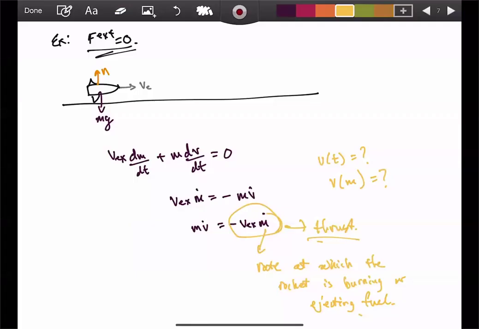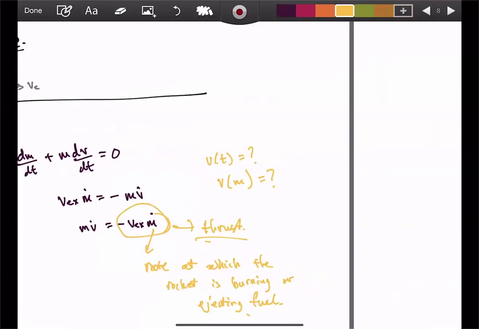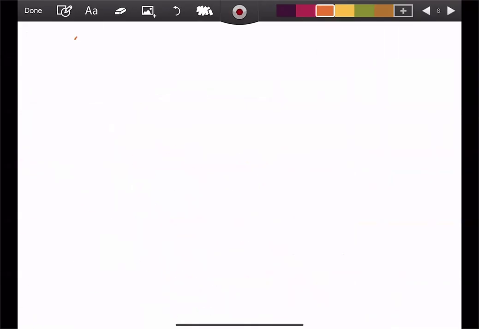So let's talk about some expectations. What is this thing going to do? First of all, we know there's going to be some sort of limit to the mass of the rocket. The rocket is not going to expel all of its mass.